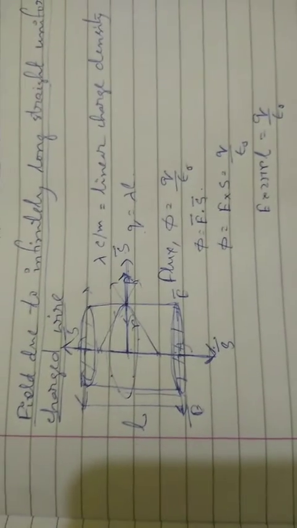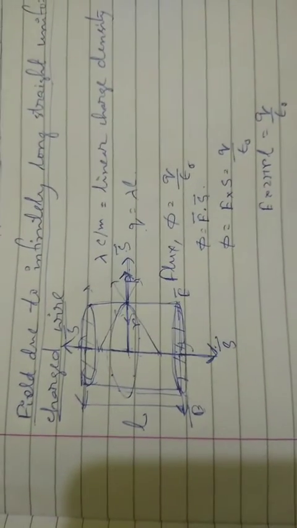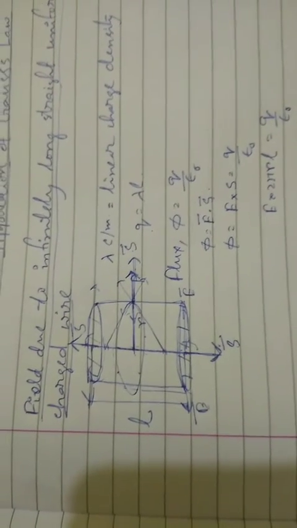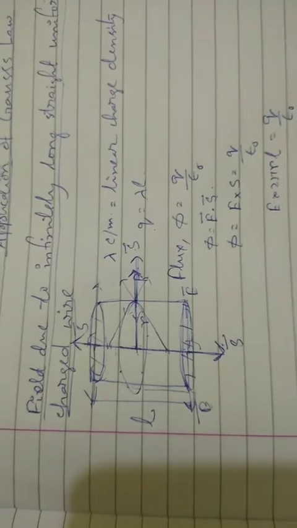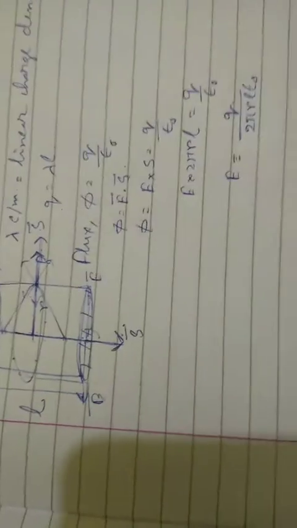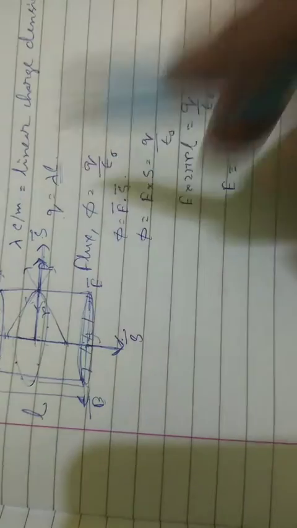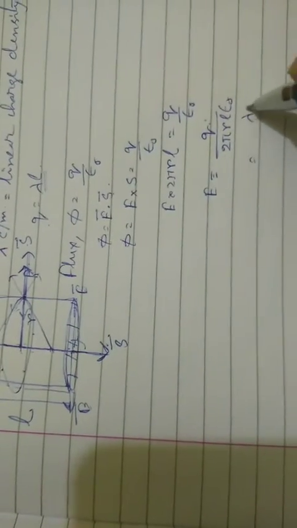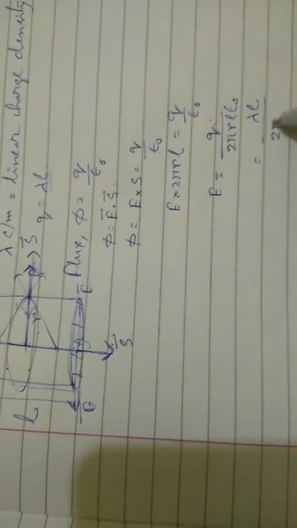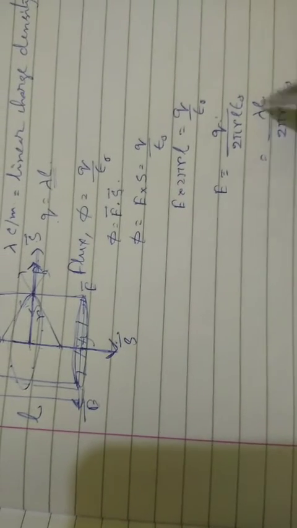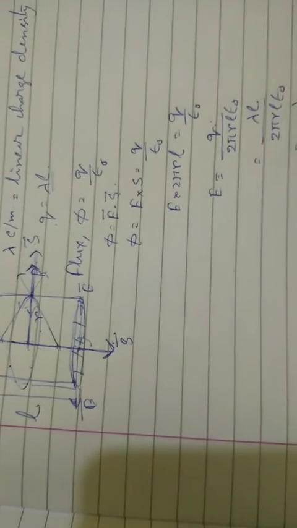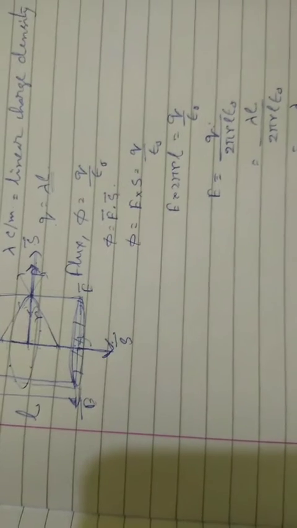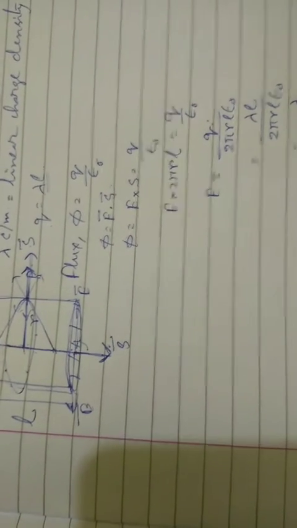So the electric field at this point is E equals Q by 2 pi r l epsilon naught. Now we already know Q equals lambda l, so putting that value, l cancels out, and you can write E equals lambda divided by 2 pi epsilon naught r.